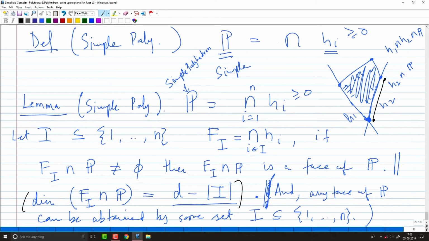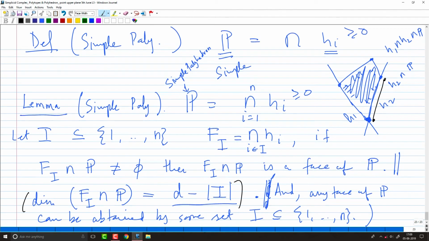See, this needs a proof. I won't prove it, as this is not a course on convex polytopes or polyhedra. I will use it to make connections between Voronoi and Delaunay tomorrow. But the main idea is, how do I get the faces of a polyhedron?